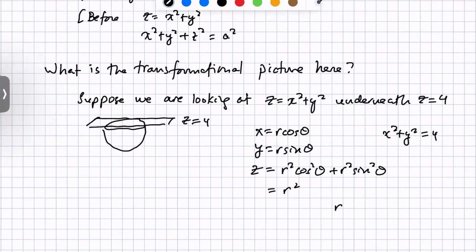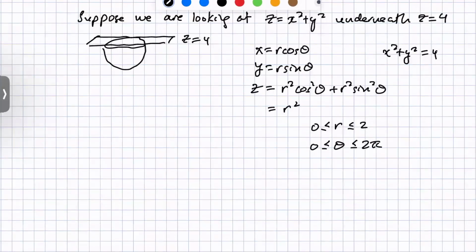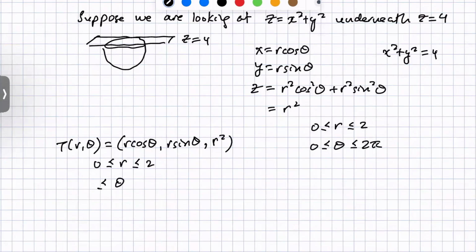So that means that r goes from 0 to 2, and theta goes from 0 to 2 pi. Now, when we write T(r, theta) is equal to r cosine theta, r sine theta, comma r squared, with r going from 0 to 2 and theta going from 0 to 2 pi.